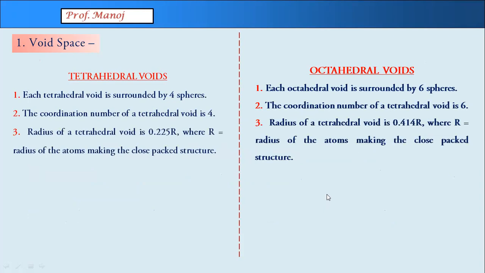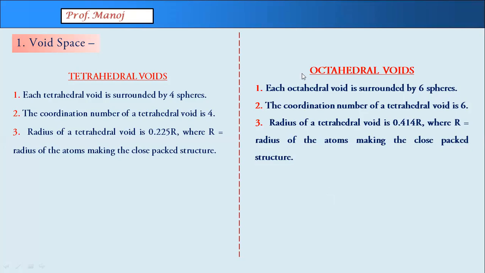Now today we will be having numerical problems on this part, which is in the NEET and JEE syllabus. So deliberately I did not do all these things last time. So the radius of a tetrahedral void is given by 0.225 into R, where that R is the radius of the spheres which make the tetrahedral void.